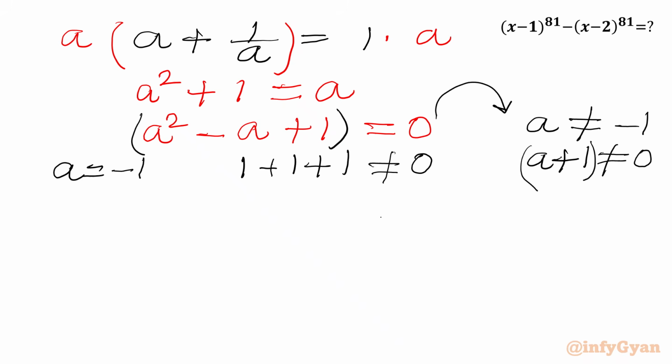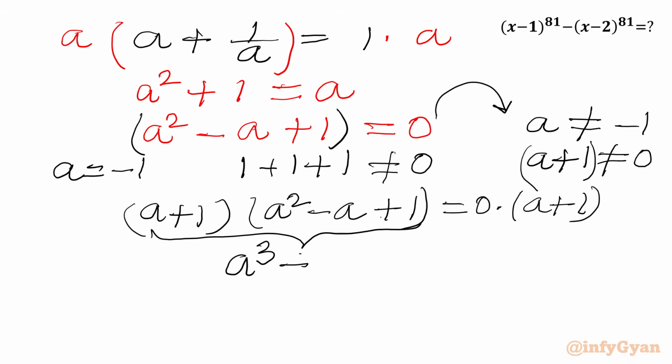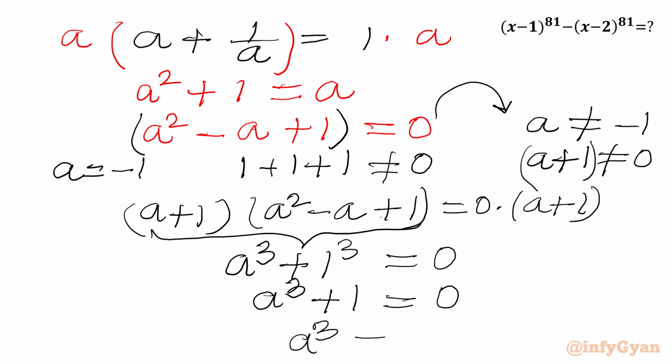We can write (a plus 1)(a square minus a plus 1) equal to 0 times (a plus 1). Left hand side will give us a cube plus 1 cube and right hand side is 0. So we can write a cube plus 1 equal to 0, or a cube equal to negative 1.